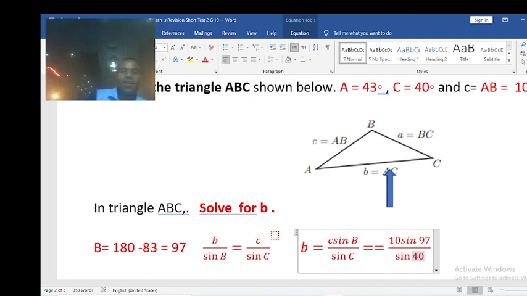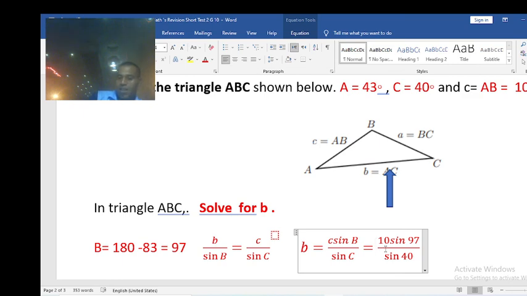I will use my calculator, learners. This is the last question. I wish the revision is useful, and this revision can reduce your doubts in applying cosine and sine rule.